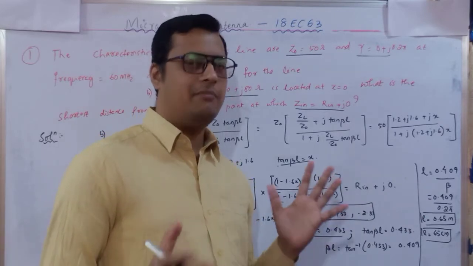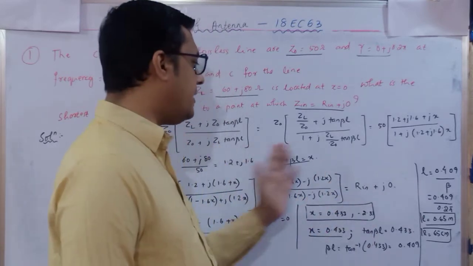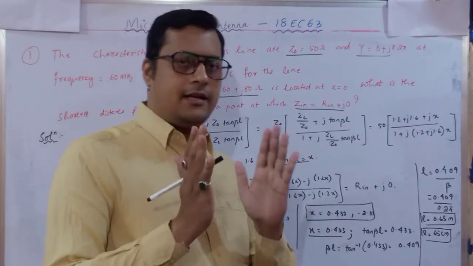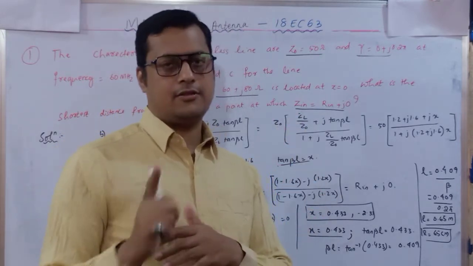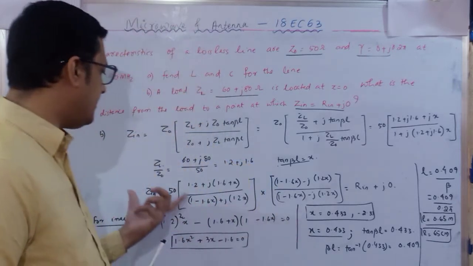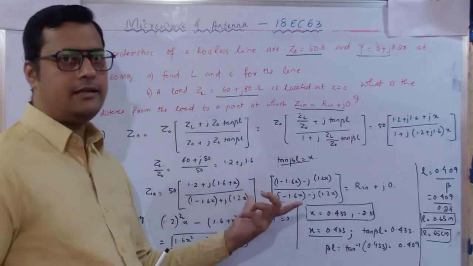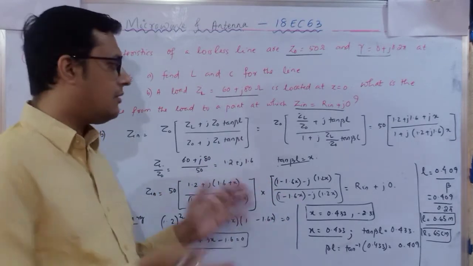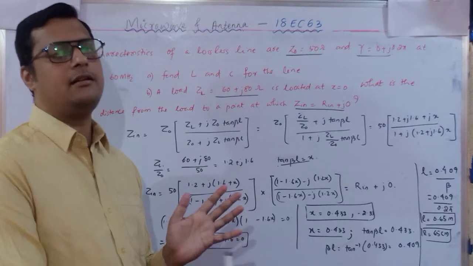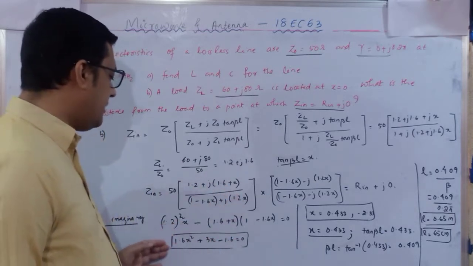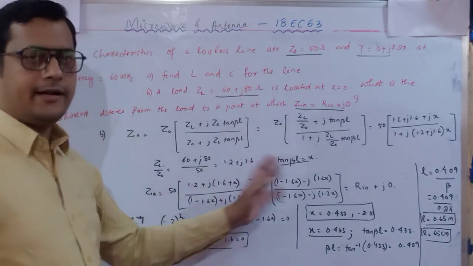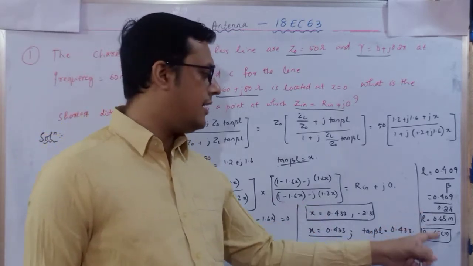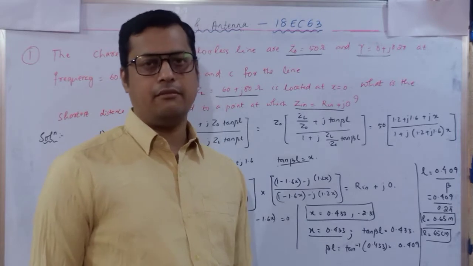So this is the simple process through which we can identify the length at which the input impedance has a real part and the imaginary part is 0. That is the hint given, because after solving this input impedance, we get a complex term, real part and imaginary part. So how to identify? Make that imaginary part 0 and you will get these sort of relations. Identify the roots, make the equation in beta L terms, and your L will be 65 centimeter.